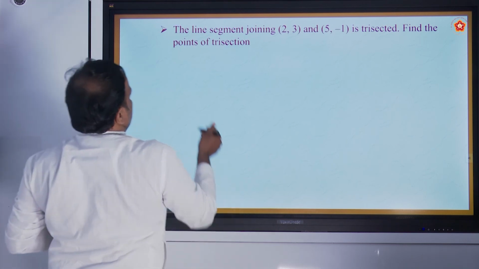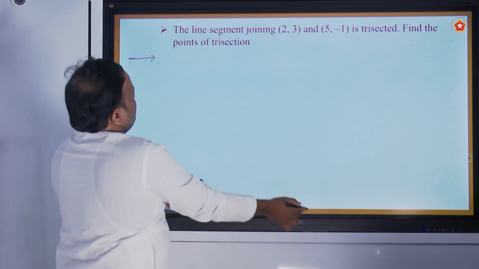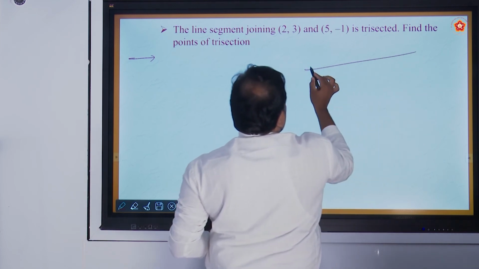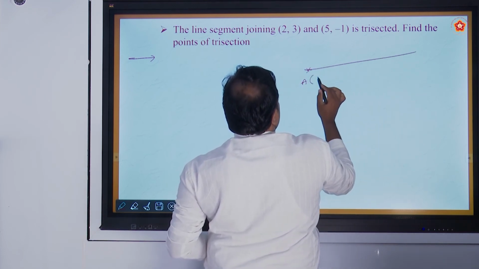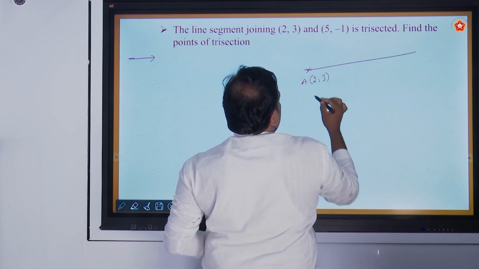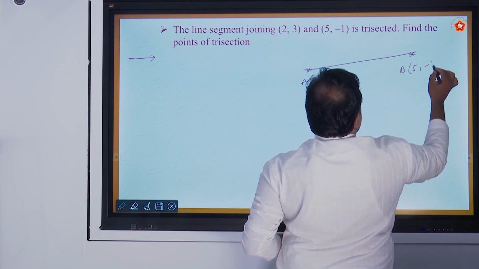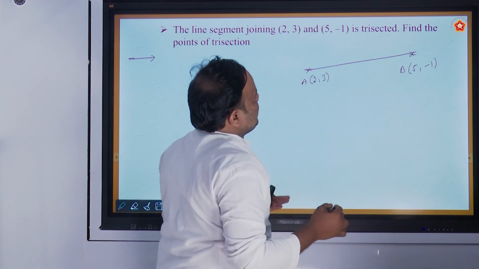So I think this is the last problem. The line segment joining 2 comma 3, I give the name A, and 5 comma minus 1, I give the name B, is trisected.